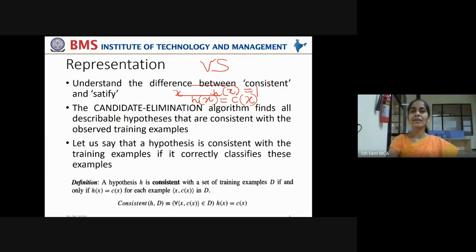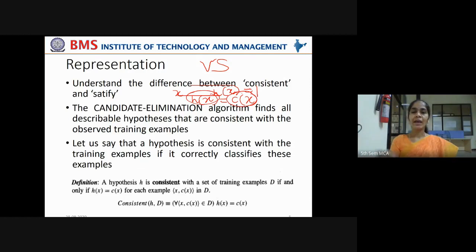Then we say that that particular hypothesis is consistent with the target concept. h of x equal to c of x. I'll repeat this once again, do not get confused.